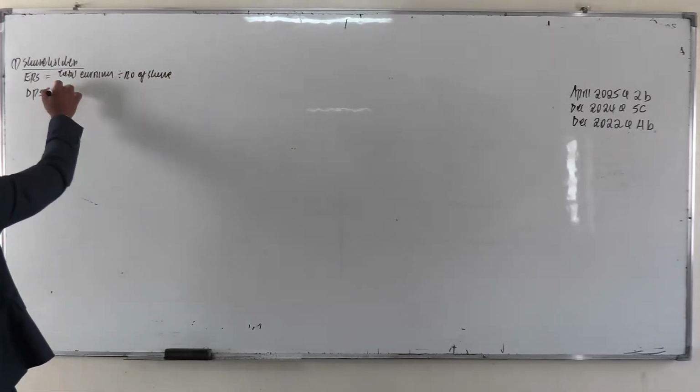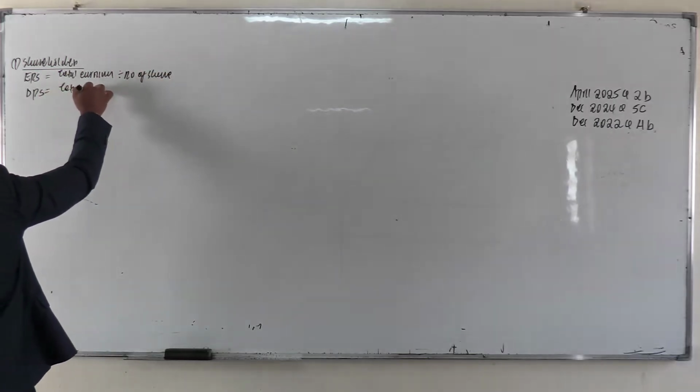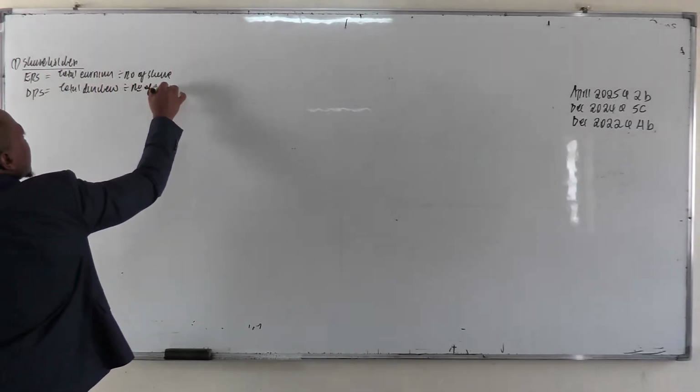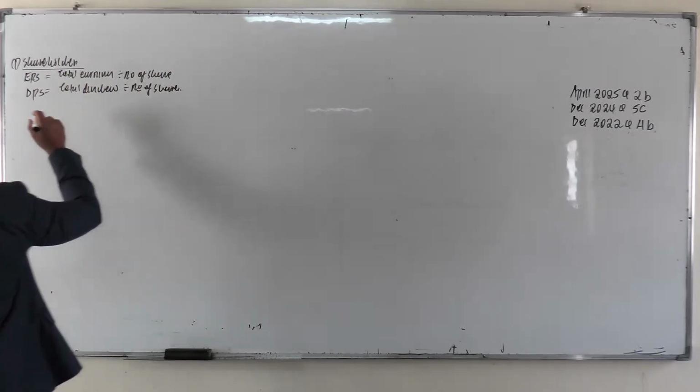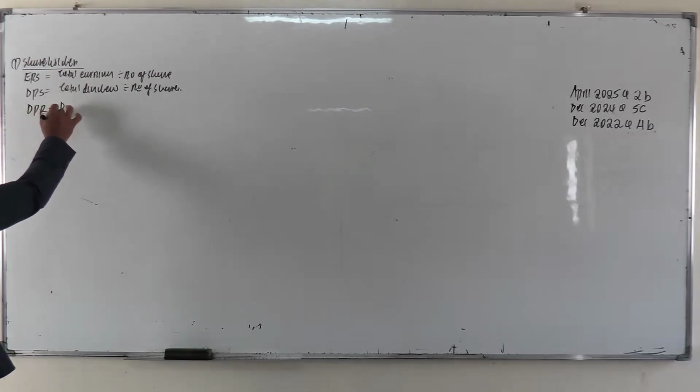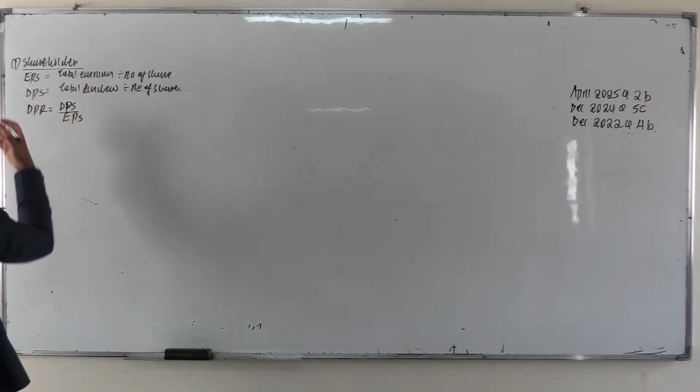How do we get the dividend per share? By taking the total dividend, you divide by the number of shares. Even you can get the dividend payout ratio, by taking the dividend per share over the earnings per share. So that's more than what we need.